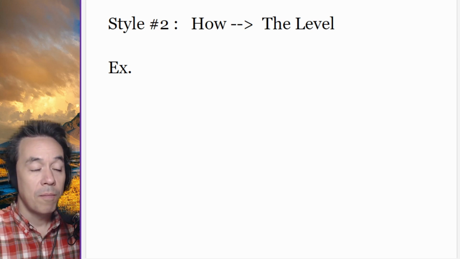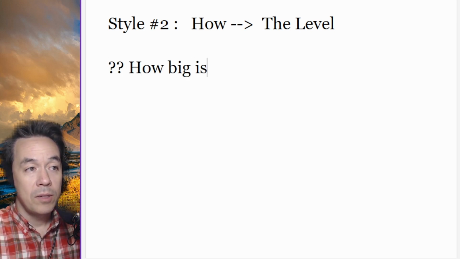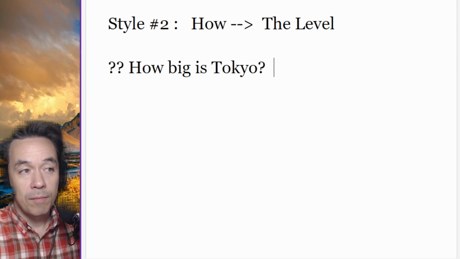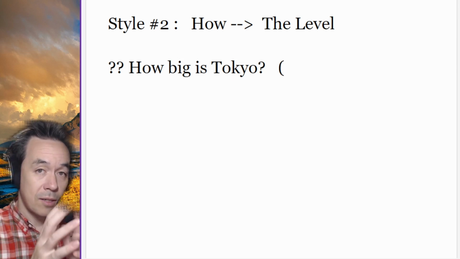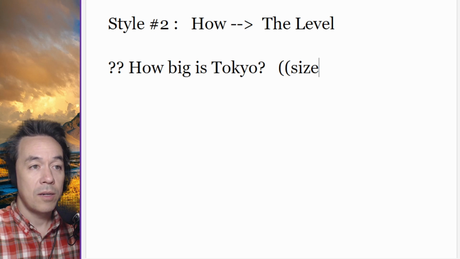So let's say a question like, how big is Tokyo? Okay, so now suddenly you have this word here. How big is Tokyo? So this wants the size, right? The size of it.